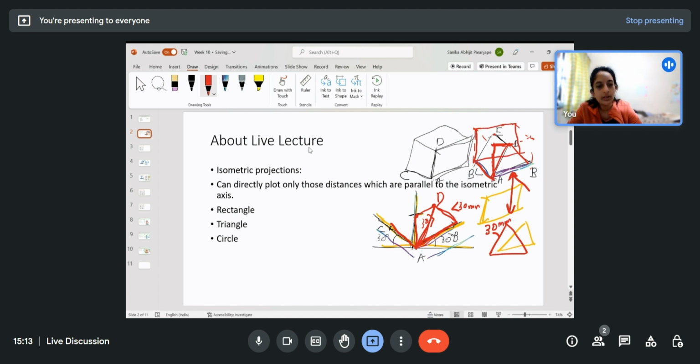To locate that plane, you need to go up from point C. This line is parallel to this axis, so you will go in that direction and then come down to get the point behind B. Again here, to mark point E, what you need to do is go up by this distance, go to the right by this distance, and then locate the point E. And then you can join point E to C.